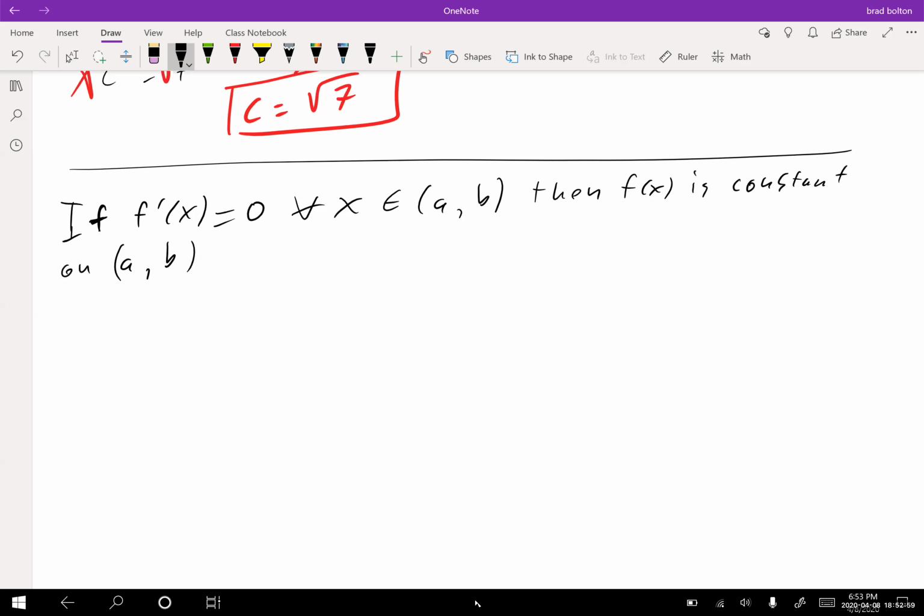But that makes sense, right? Because if you're taking the derivative and you always get 0, well, that means the rate of change is always 0. That means that you had to have a constant value. You can't have a rate of change if it's always 0, okay?